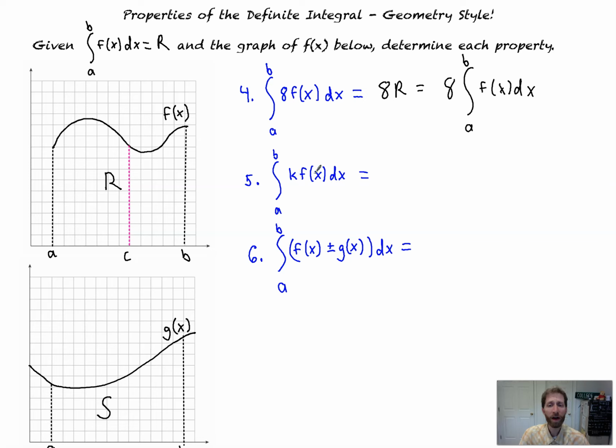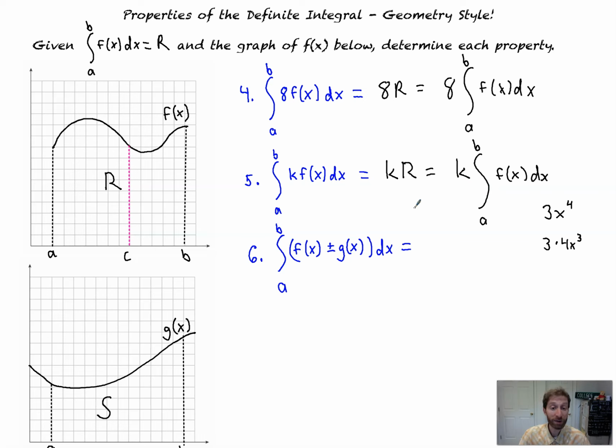So in general, if I multiply the function by any constant, then our overall area will be k times r. Or, probably the more important part there is that I could take out that constant first and then evaluate the integral. Now we'll see this rule come into play down the road, but this is a very simple idea. It's just like when you take the derivative of something, like 3x to the 4th, the 3's chilling out, you handle the rest of the derivative, and the 3 hangs out. It's just like with the k. The k's hanging out, handle your business right here, and then multiply by k.